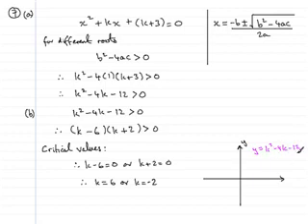We know that this is exactly the same as k minus 6 in brackets multiplied by k plus 2. Now these critical values are the values where the graph would cross the k-axis.